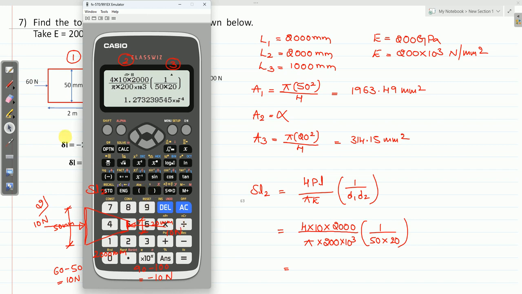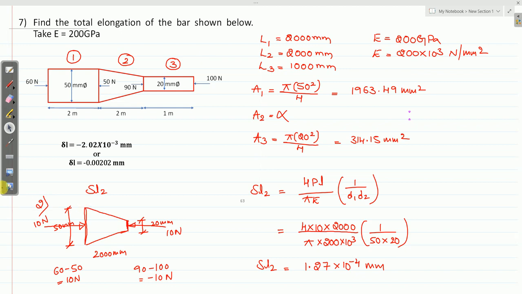So the elongation delta L2 is 1.27 into 10 raised to minus 4 millimeter. So this is the delta L2 elongation for the second section. See here, if you observe the second section, it is subjected to compression force. So next let me find delta L3.